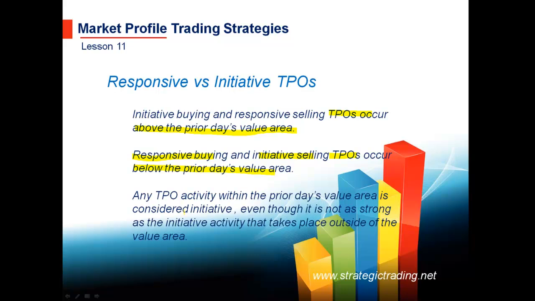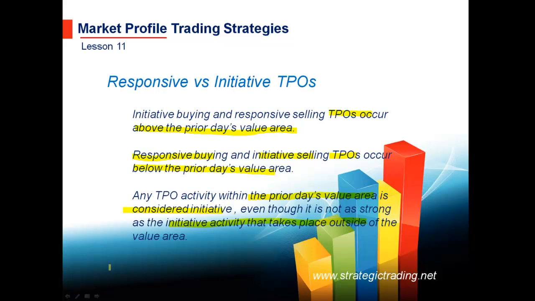So now I need to be looking at the TPO counts and TPO activity also in relationship to the prior day's value area. So any TPO activity within the prior day's value area is considered initiative, even though it is not as strong as the initiative activity that takes place outside of the value area.